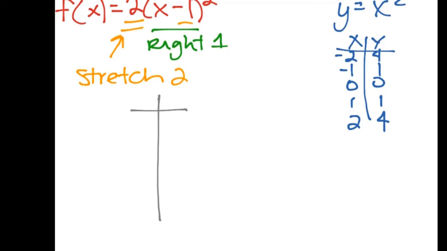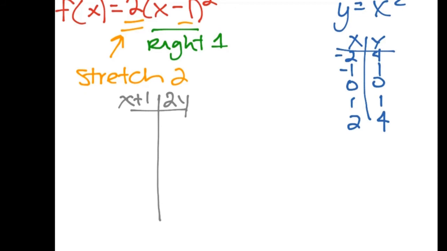So, in order to do that, we're going to use the stretch by 2, which, if you'll recall, affects my y-axis. And since it looks like multiply, it's also going to be multiply for the rule. My right 1 is going to affect the x-axis, and so I'm going to put x plus 1.